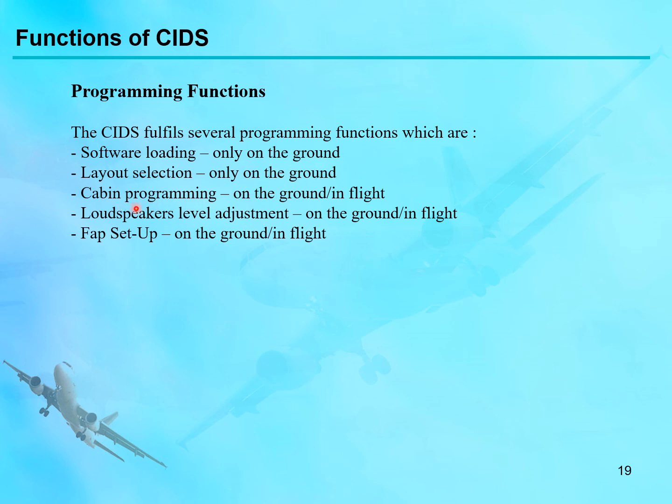And the cabin programming, to actually improve the looks or the operation of the software, or the loudspeaker level adjustment, and then the FAP setups. Some of these functions can be done on the ground only, and some of them can be done while you're on the flight.